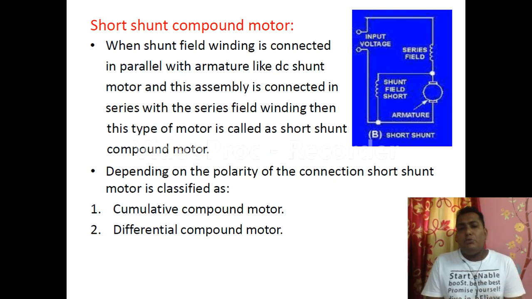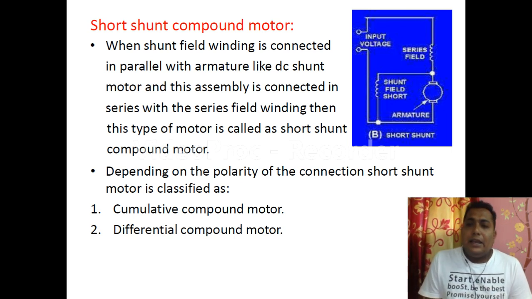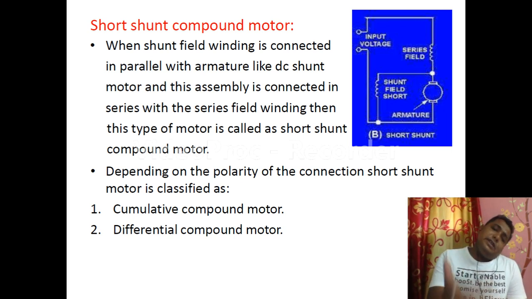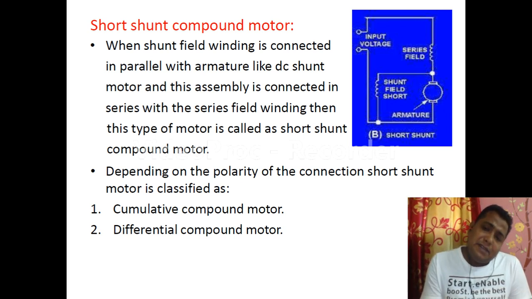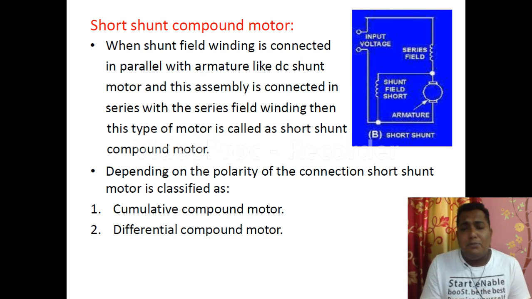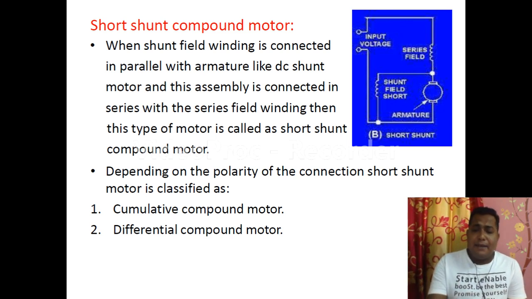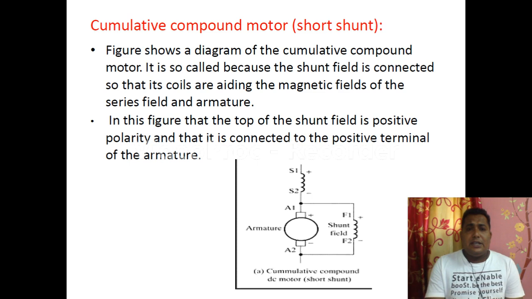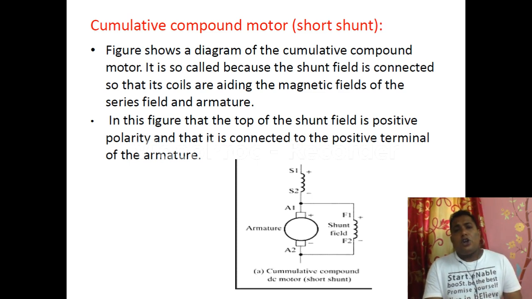In the short shunt compound motor, the shunt winding is connected with the armature winding. As you can see in the diagram, in both cases series and parallel combinations are there. Coming to the next, this is a short shunt cumulatively compound.